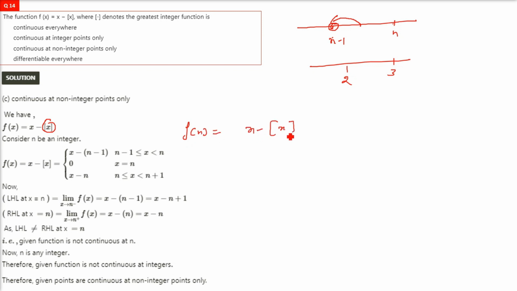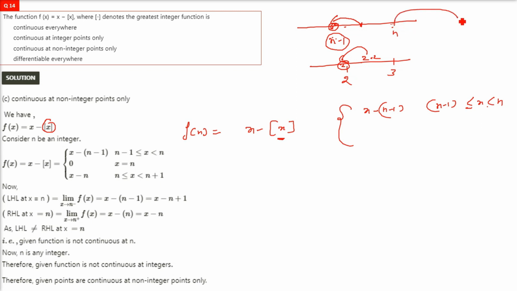So x minus the GIF of x, for x between n minus 1 and n, the GIF function will give you n minus 1. That is, 2.3 will give you 2, 2.6 will give you 2, like this. So x minus n minus 1 you can write. Even 2.99 will give you 2.